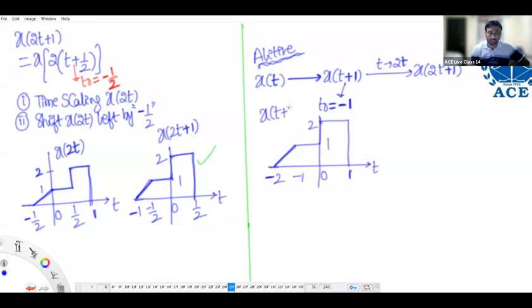That is x of t plus 1, I am naming as y of t. Immediately you want y of 2t. So what will happen? Compression or not?